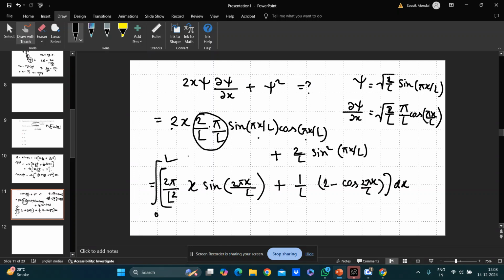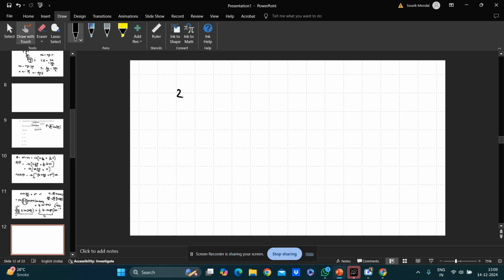Okay, so now what will this term give? You know that the integral of mod phi squared dx from 0 to L will simply give you 1. So this term will simply give you 1. Don't bother about this term, you only have to calculate this term: 2 pi by L square, integral of x sine 2 pi x by L dx from 0 to L. Now do a by parts integration.